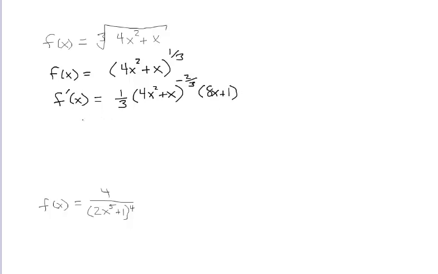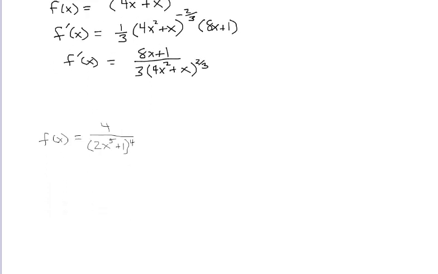And now I'm going to rewrite this without a negative exponent. So f prime of x is equal to 8x plus 1 divided by 3 times 4x squared plus x to the 2/3.